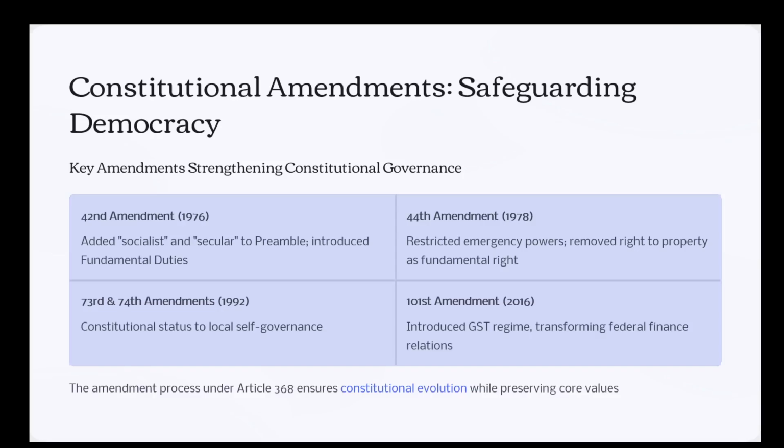The 73rd and 74th Amendments, 1992, gave constitutional status to local self-governance. Then the 101st Amendment, 2016, introduced the GST regime, transforming the federal financial relationship. So the amendment process under Article 368 ensures constitutional evolution while preserving the core values.